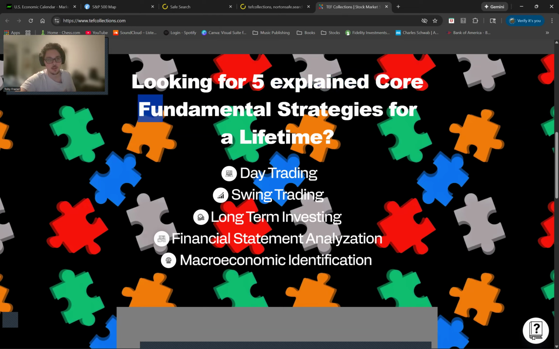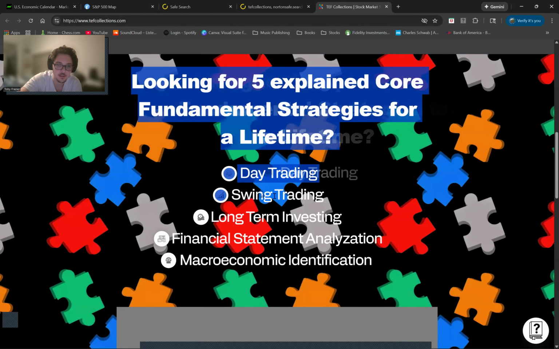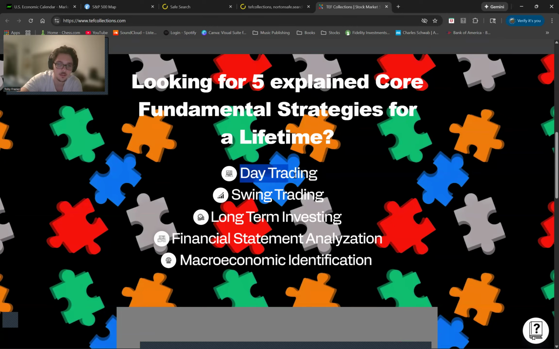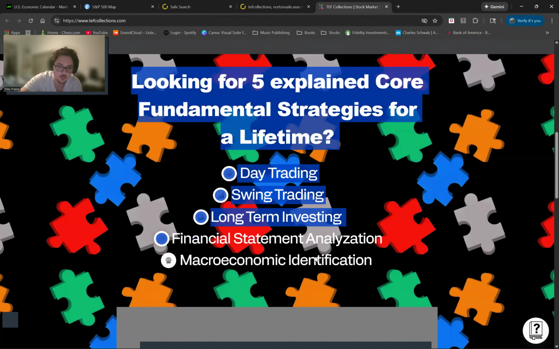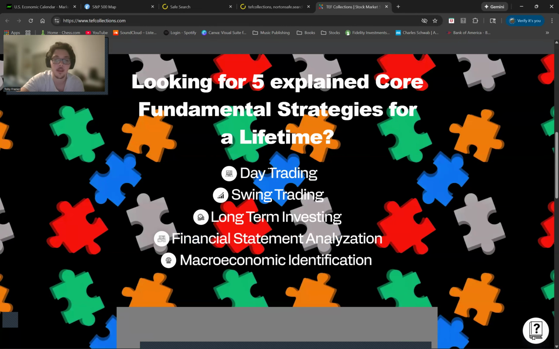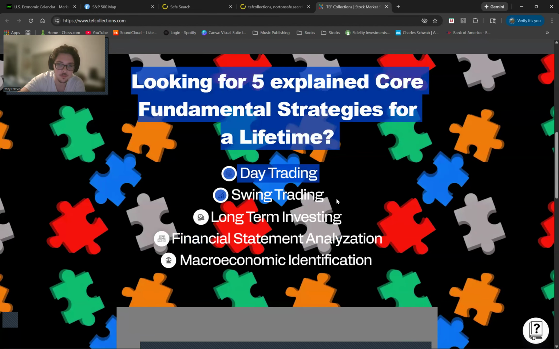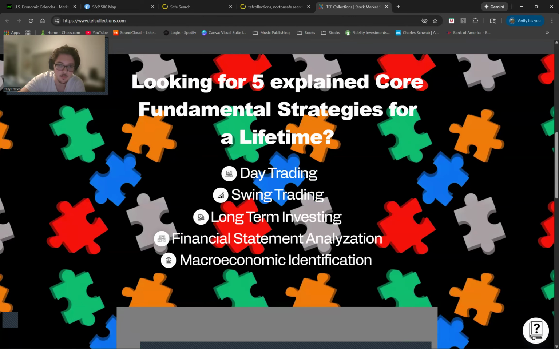Five explained fundamental strategies. And the funny thing is the day trading and the swing trading are basically the same in a way. With day trading, you look at macroeconomics, and with swing trading, you look at financial statements and macroeconomics. And with long-term investing, you look at financial statements and macroeconomics. The way I enter on day trading is the same way I enter on swing trading, except the time frames are different.